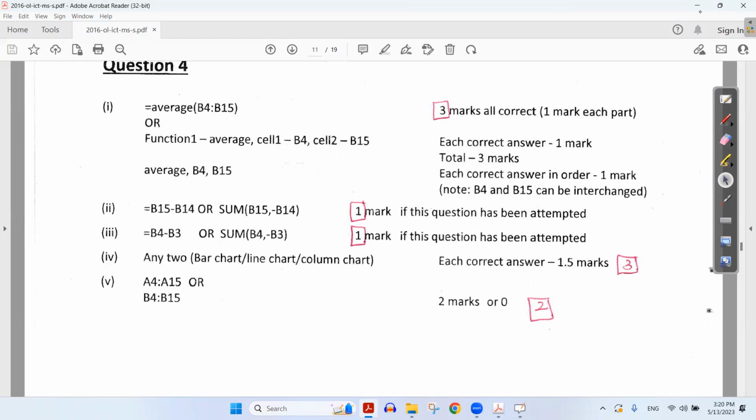And they have given the marks if that question has been attempted, since the minus 1 was a new thing for the students. They have given the marks for the second and the third if you have attempted. And the chart types are given: bar, line, and column. The fifth one, it's A4 colon A15 or B4 colon B15. Any one of those. 2 marks is for that.